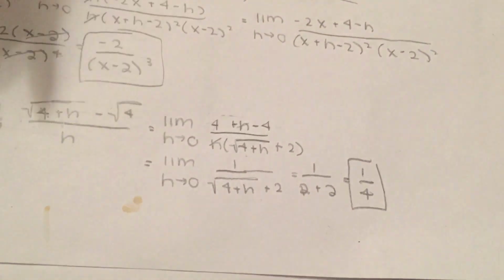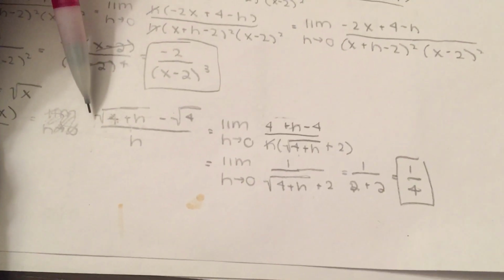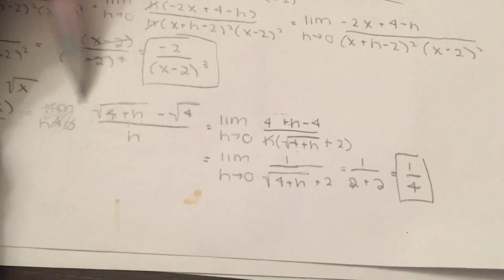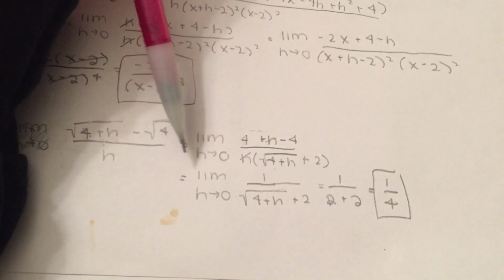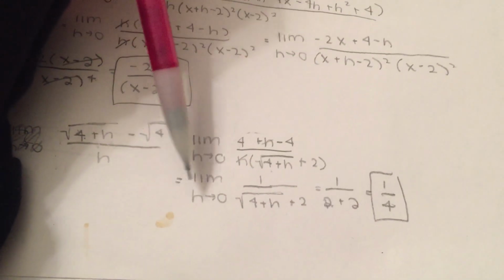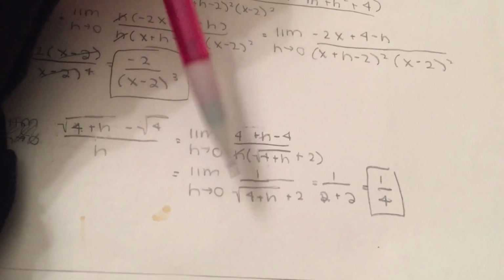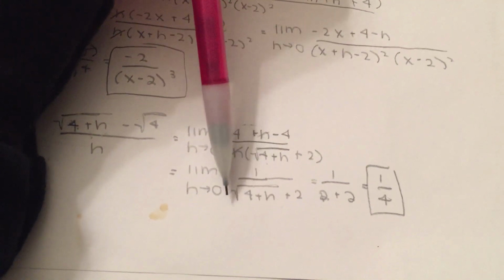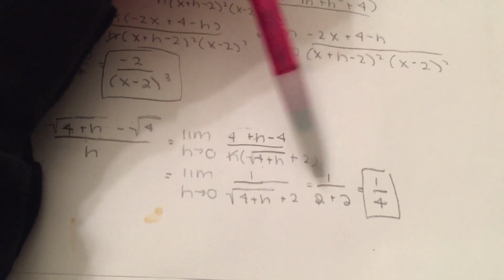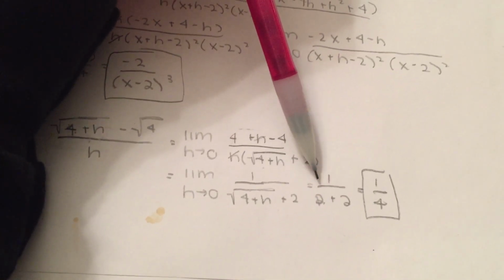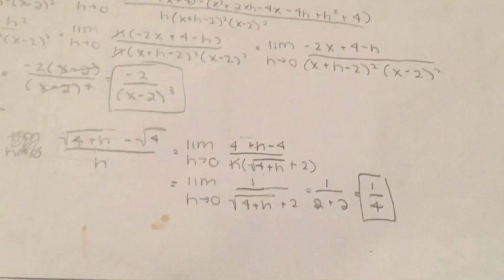So in order to get this, you needed to multiply the numerator and the denominator by the conjugate of the top expression to get rid of the square roots. So you get that, and then you go down to the limit as h approaches 0. It's simplified to 1 over the square root of 4 plus h plus 2, which equals 1 over 2 plus 2, which equals 1 over 4.